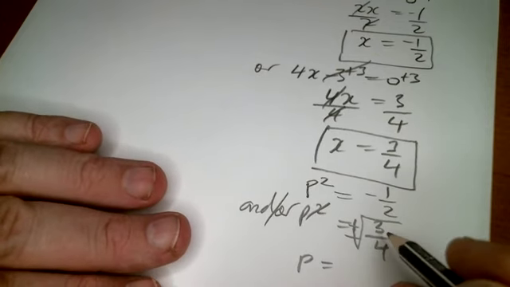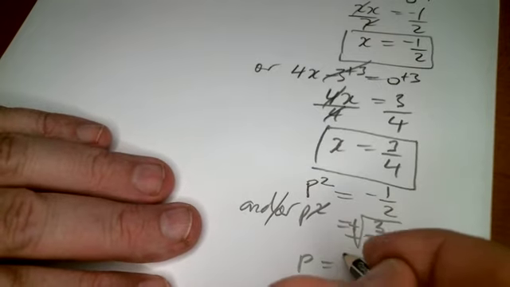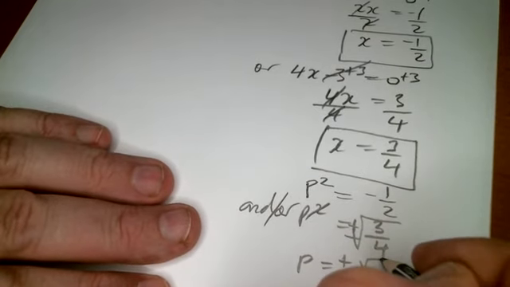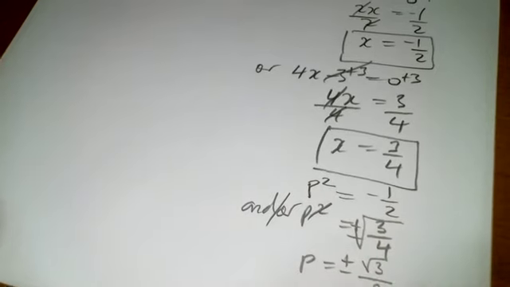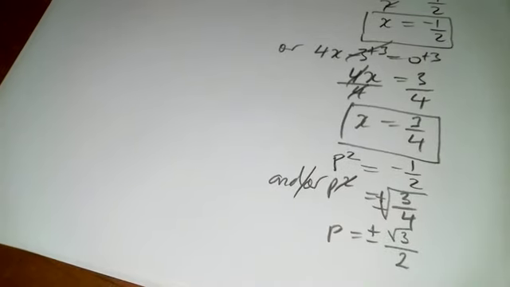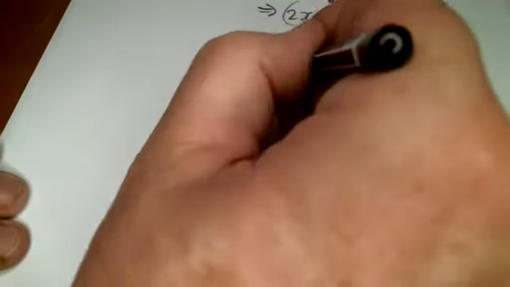I can make my life a little bit easier: I don't know the square root of 3, so I put the square root of 3, but I do know the square root of 4, which is 2. So p is equal to plus or minus root 3 on 2. So we know this one is a possible solution. Let's try that one now.